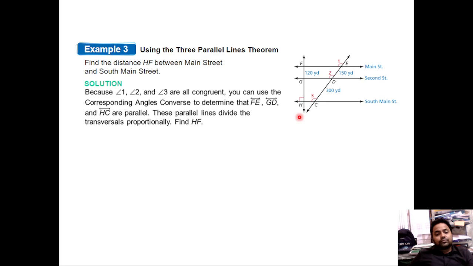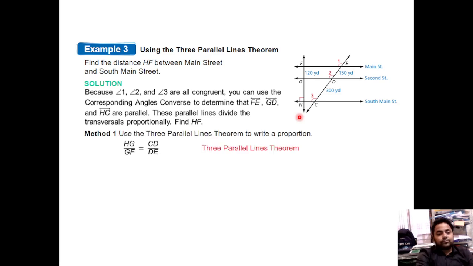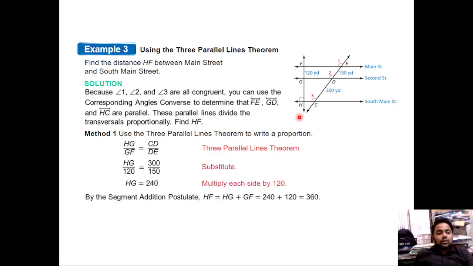So now by the ratio of the line segments, HG by GF is equal to CD by DE, and also HG by 120 is equal to 300 by 150.